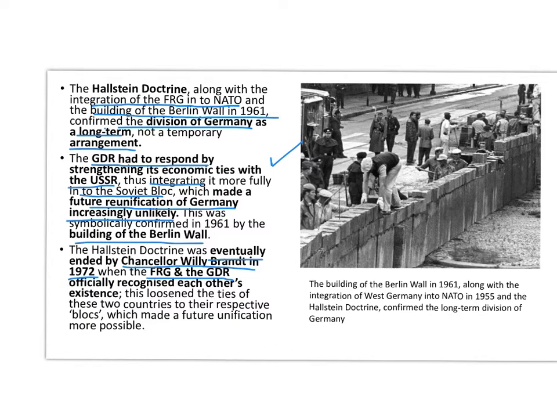But Brandt argued that by recognising the existence of East Germany, that made it more likely that the two countries would be able to start talking to each other. They would then be able to loosen their ties with the two blocs, and that would therefore make a future unification more possible. Very significant, the Hallstein Doctrine.